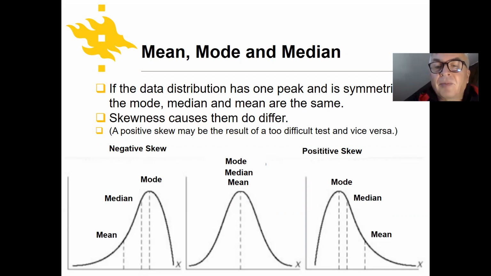And here you have a positive skew, and there you can see that the mean is easily influenced by skew in either direction. So it doesn't really represent as well as median or mode what is typical for that group.